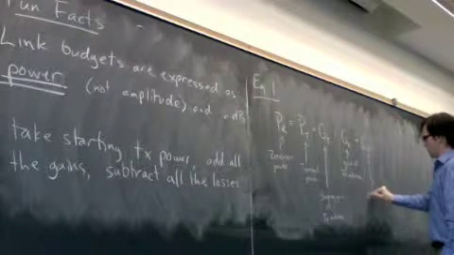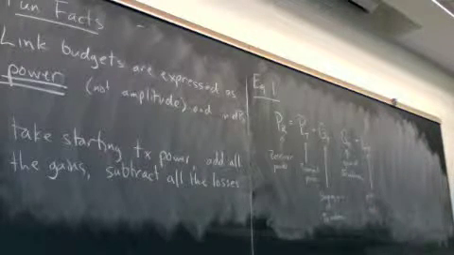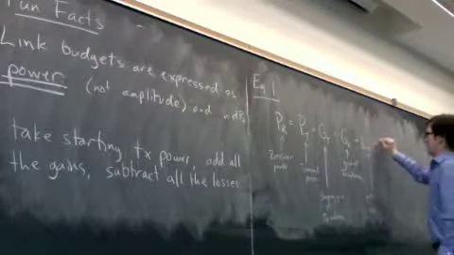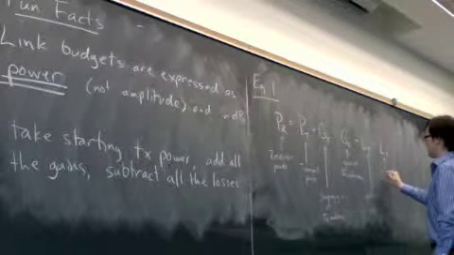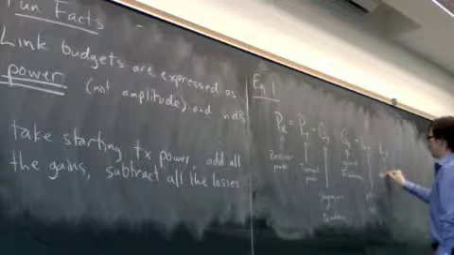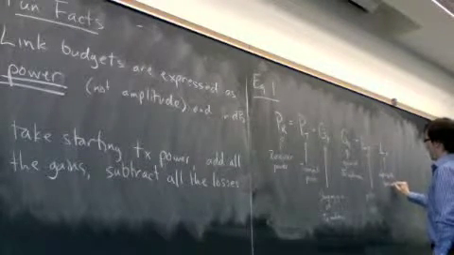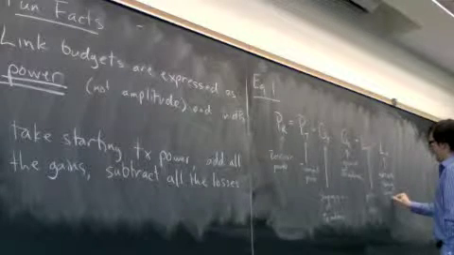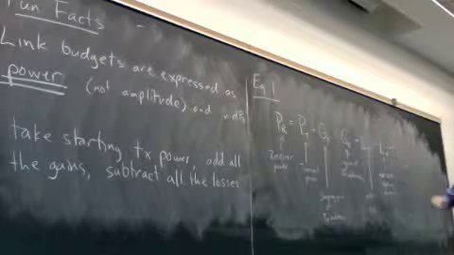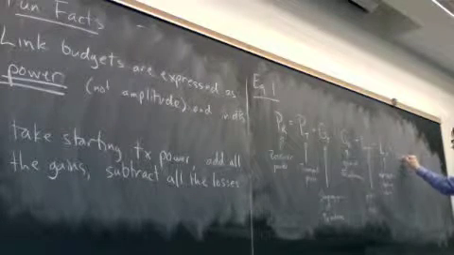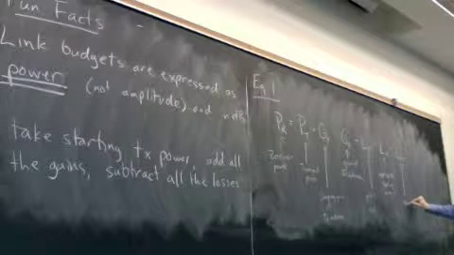We'll subtract LF, which we're going to call our multipath fading margin. And then we're going to subtract what I call the cop-out term, LO, which is other losses.